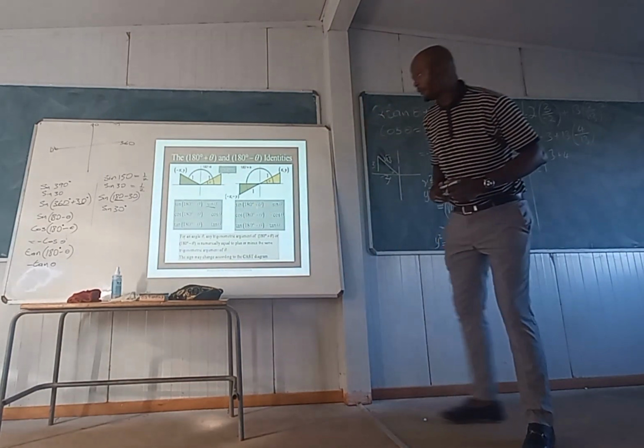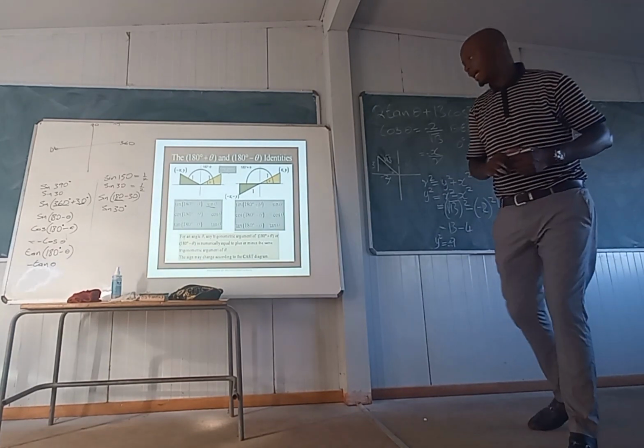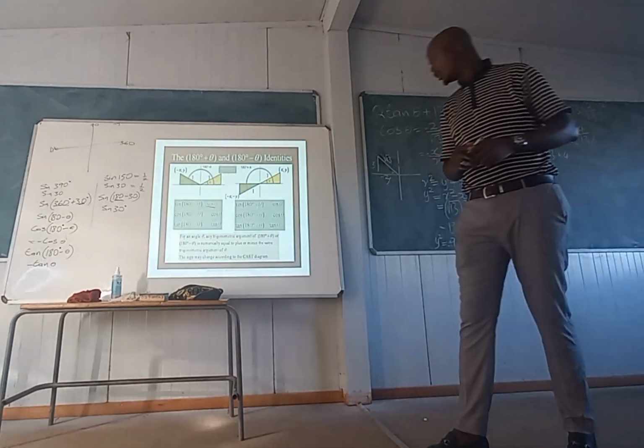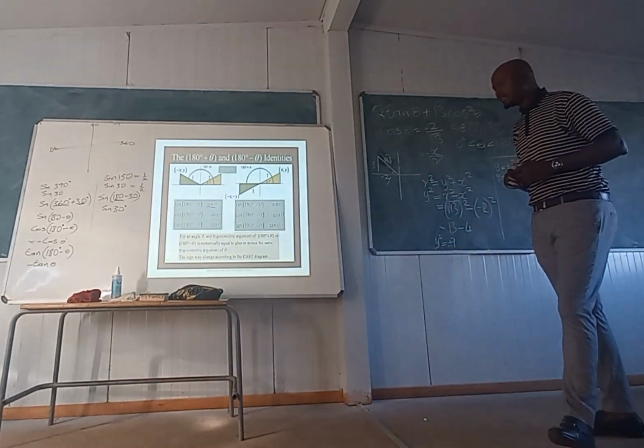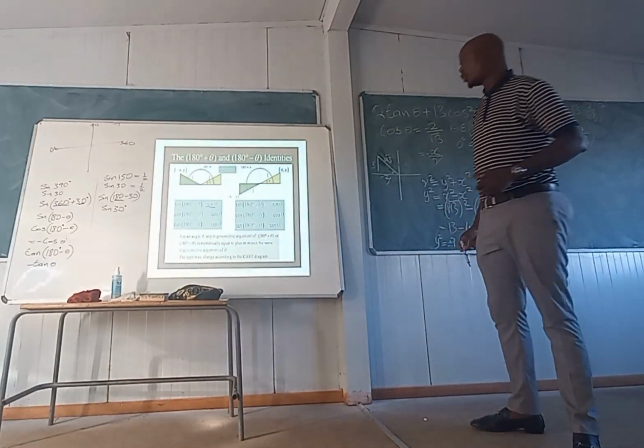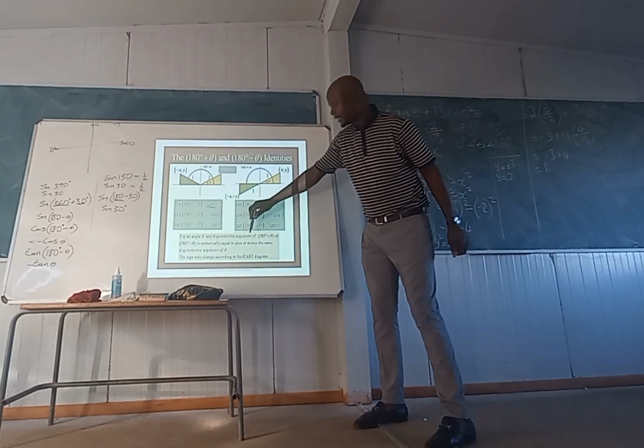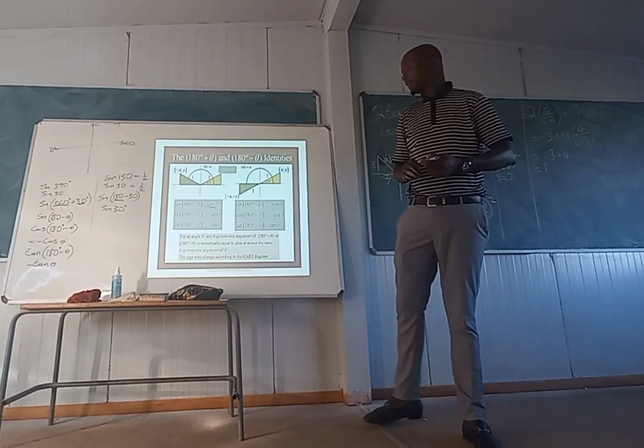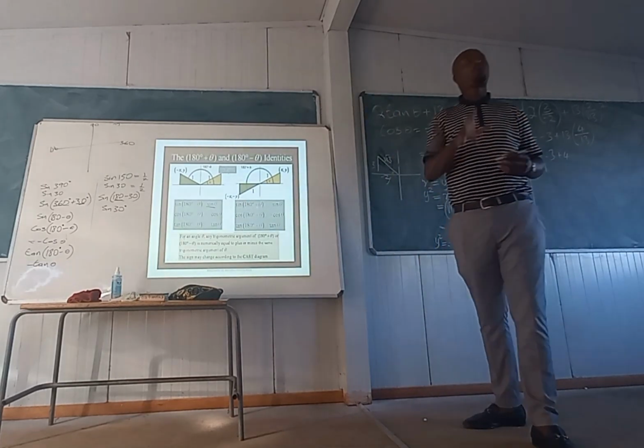That is why for any angle theta, any trigonometric ratio of 180 plus theta or 180 minus theta is numerically equal to plus or minus the same trigonometric ratio. The sign may change according to CAST.